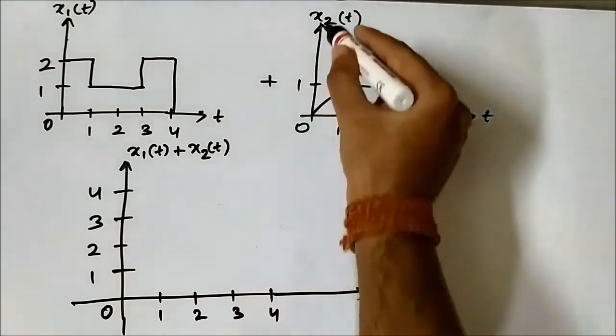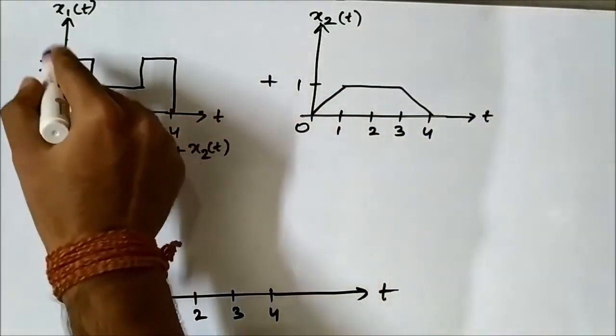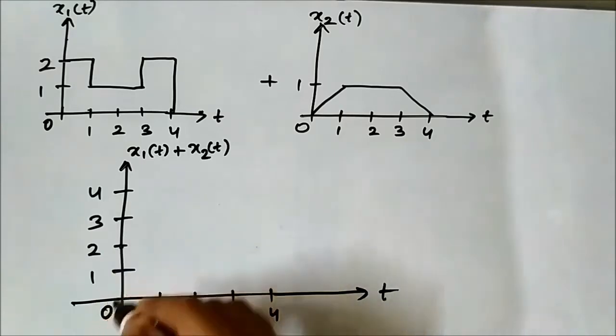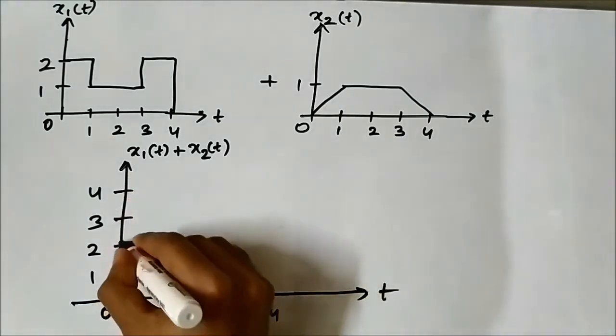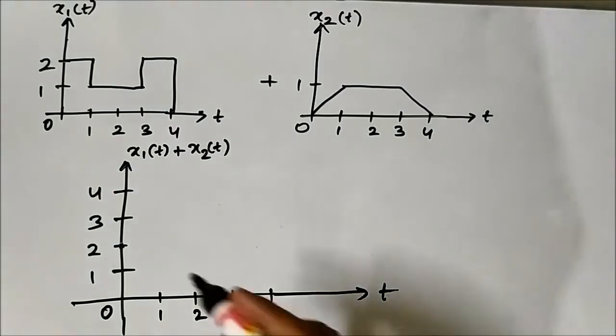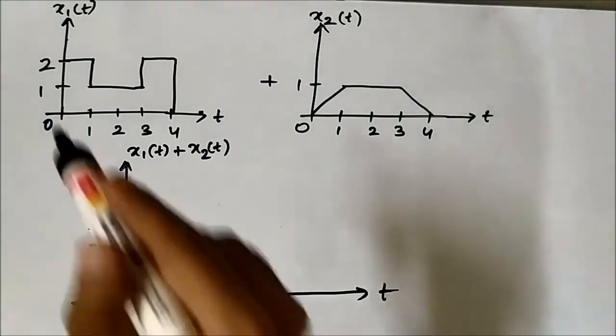At t equals 0, the amplitude of x2(t) is 0. So when we add 2 plus 0, we will get 2 at t equals 0, the resultant starting point.